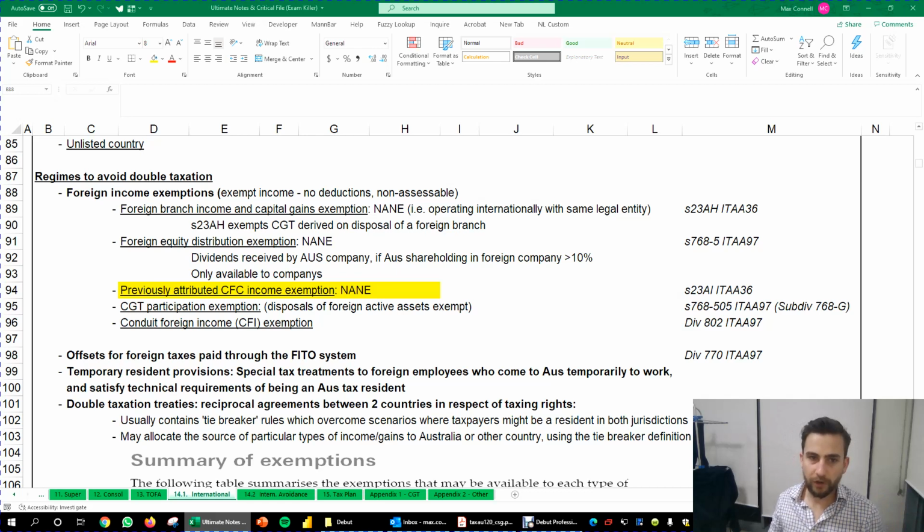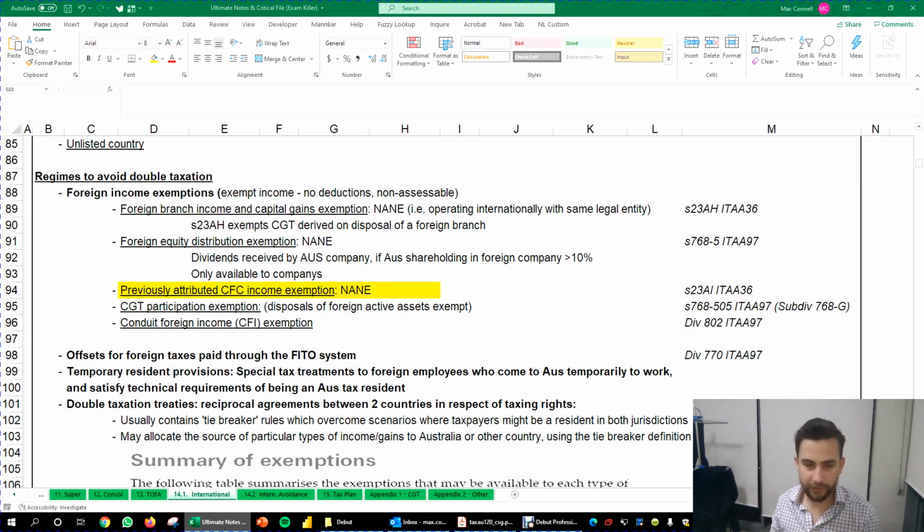So aside from withholding tax, which is the number one way to kind of cover that, if there is a double tax agreement between the two countries, there are certain foreign income exemptions, which actually mean that the income is exempt.